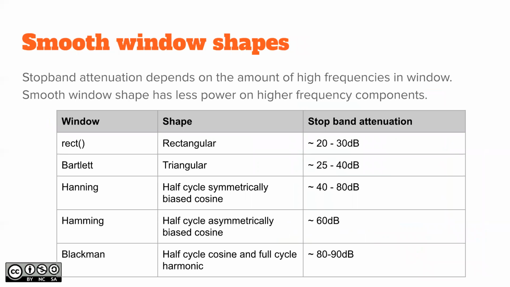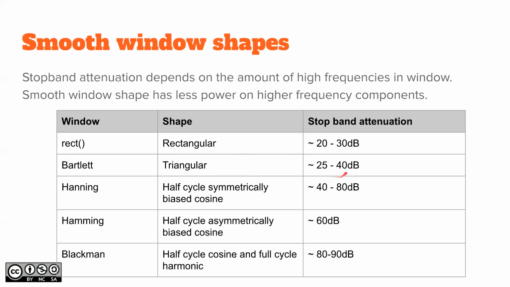And there are some smooth window shapes. These are quite classic ones, named after the person who invented them. A person called Bartlett found out a triangular shape, which is what it sounds like, just a symmetrical triangle.